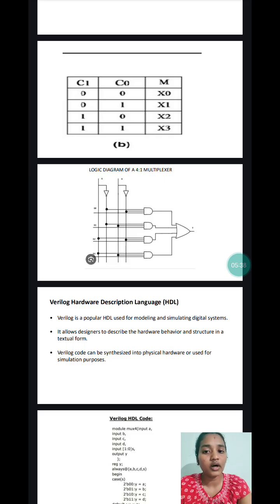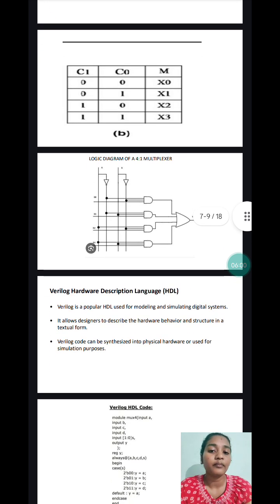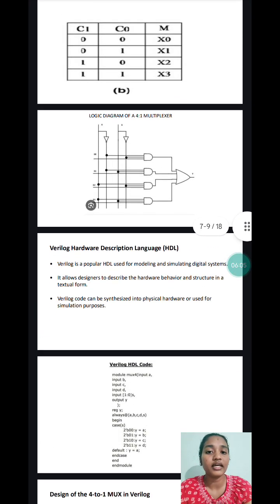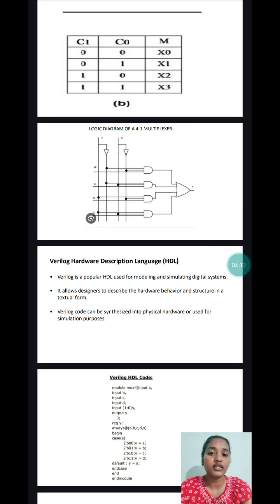If it is 0 1, the output will take the x1 input signal. If it is 1 0, then the output will take x2 as the input signal. If it is 1 1, the output m will take x3 as the input signal. C1 and C0 are the select lines which are responsible for the outputs.